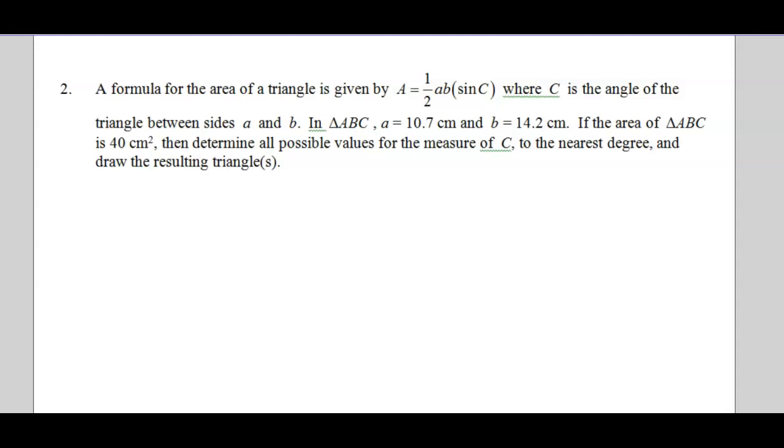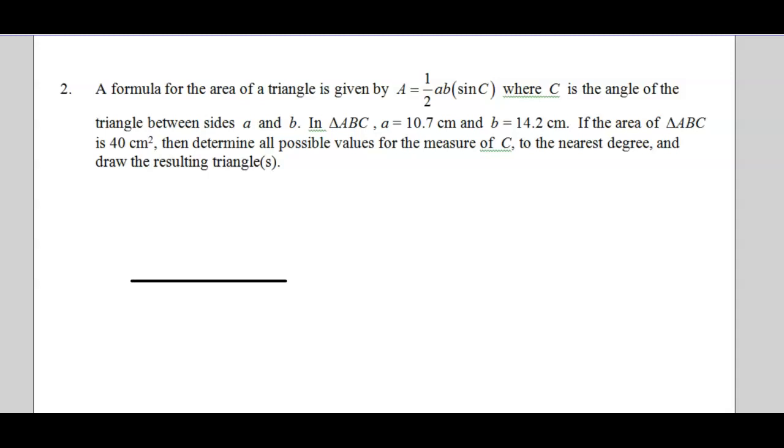C is the angle of the triangle between sides A and B, so it's the contained angle. So you can draw a diagram. It doesn't have to be to scale. It may not be exactly what it's going to look like.